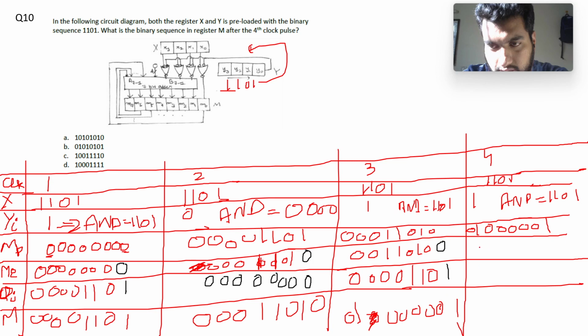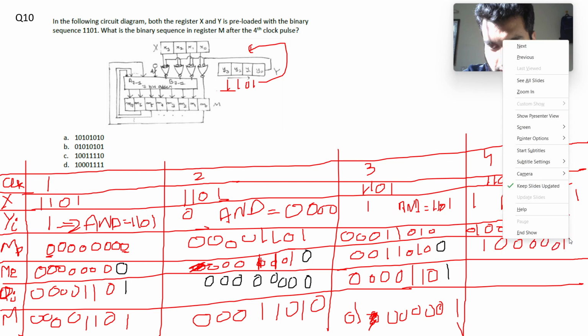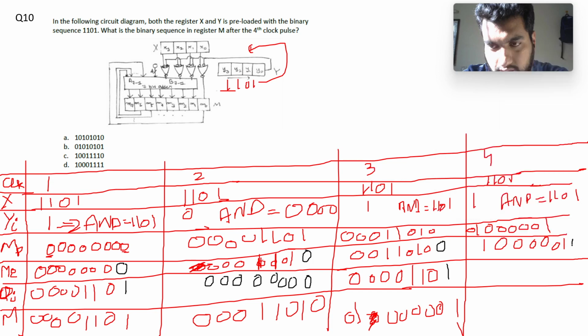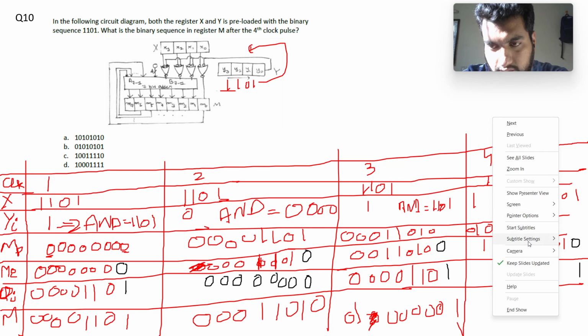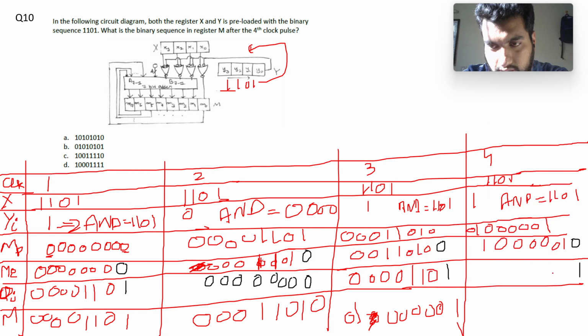And the input will be 1 0 0 0 0 0 1, and this will not be an input to the adder. This will be here, and my next output will be 1. So it will be 0 1 1 and 4 zeros, and this will be my final answer.